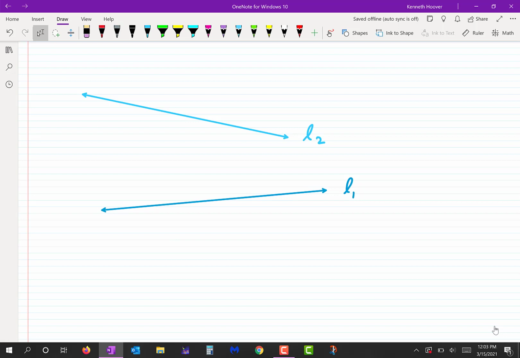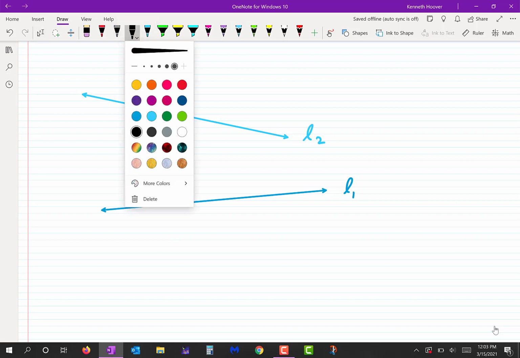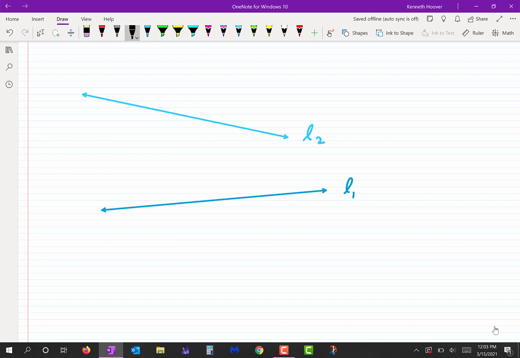Okay? Now, what I do know is that there would be an equation for the two lines, and from the equations I can pick out initial points. So let's call that P1 and let's call this P2.